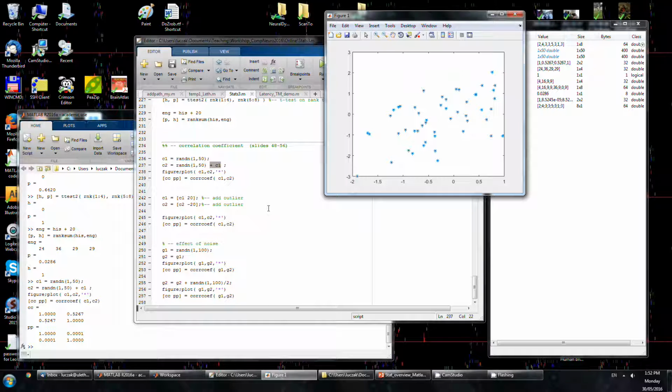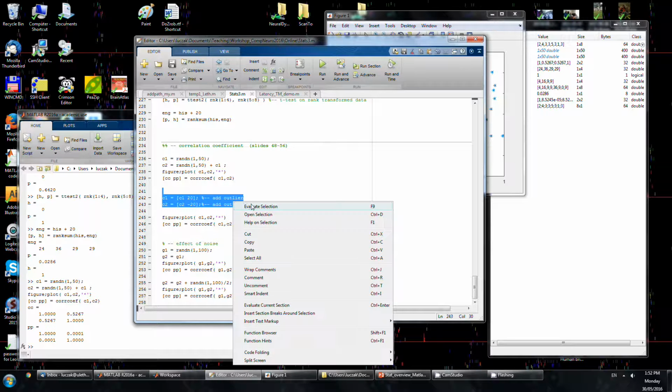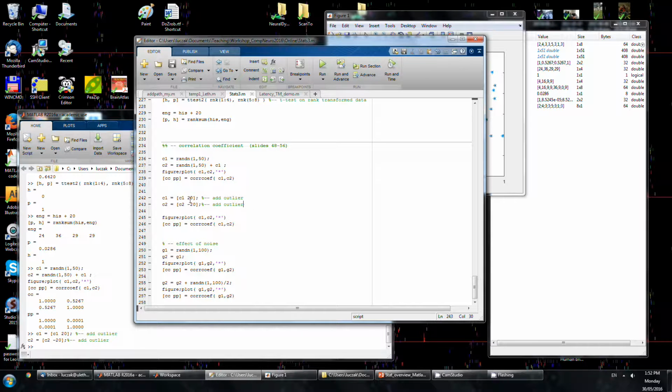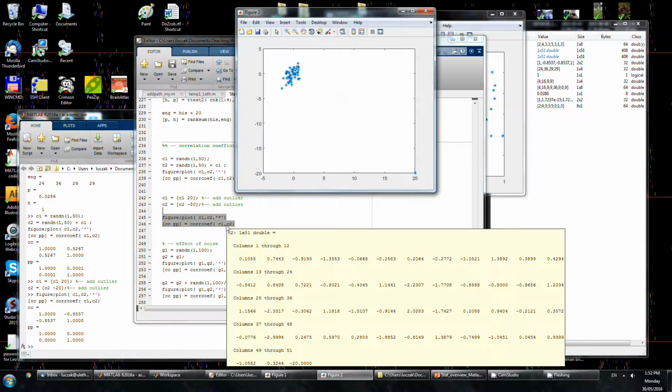One thing we also discussed is that the correlation coefficient is a very nice measure to find relations between data, but it is very sensitive to outliers. So here I will add a point at x 20 and y minus 20 to this data set, and let's see how the picture and correlation coefficient change.